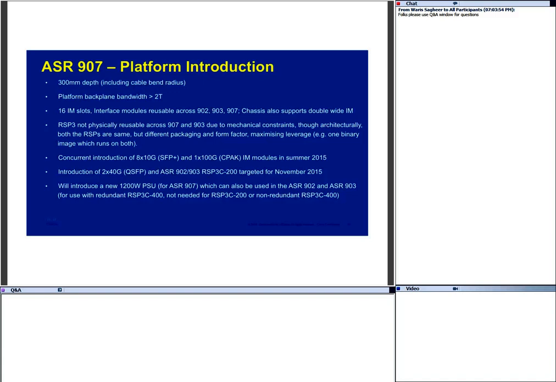When I go into more details on RSP3, you're going to see that there are 2 different variants: one with a wider form factor, and another with a smaller form factor. When we look at the pictures of 903 and 907, 907 has a wider RSP slot, so that means a wider RSP3, whereas the 903 has a smaller RSP slot, so it needs a smaller RSP3.